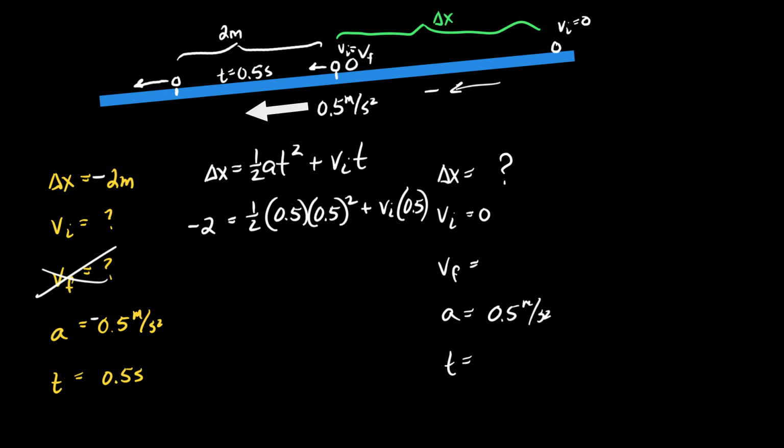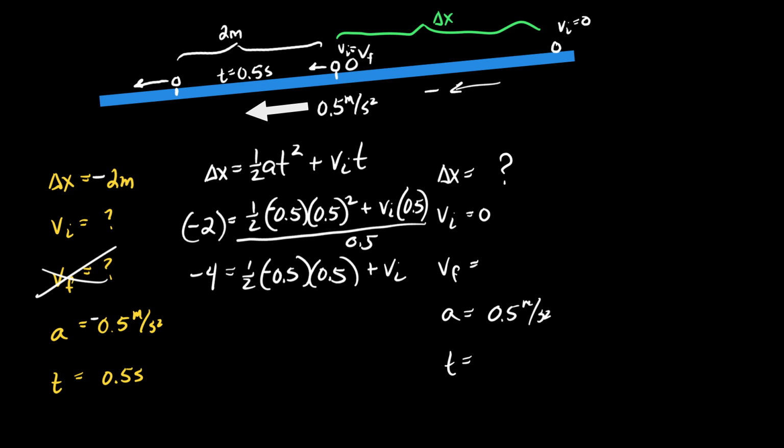All good? I'm going to factor out a 0.5 because I have so many of them and divide both sides by 0.5. That'll give me negative 4 equals 1/2 times, oops, this acceleration is negative, don't forget that, negative 0.5 times negative 0.5 plus vi. So I just divided out by 0.5, which was like multiplying this side by 2.